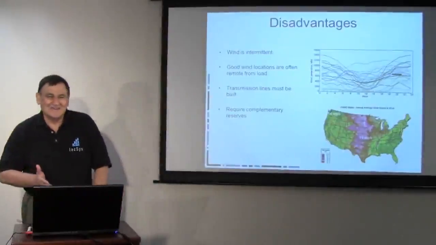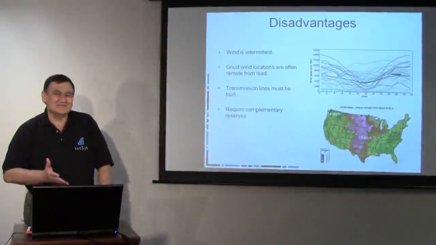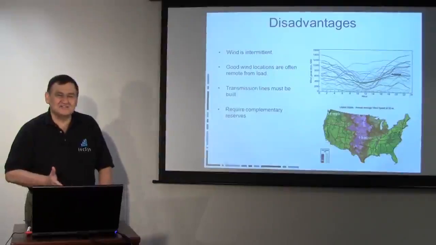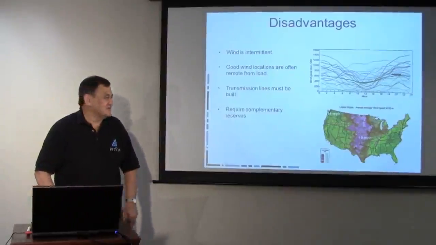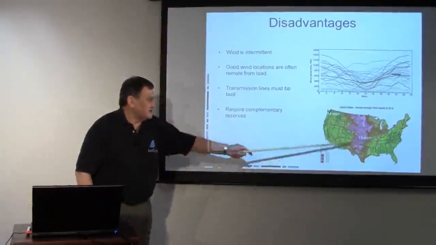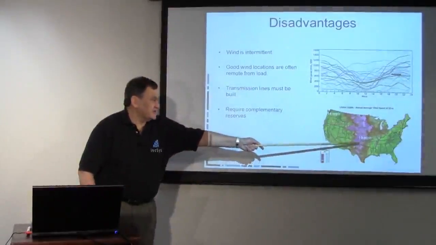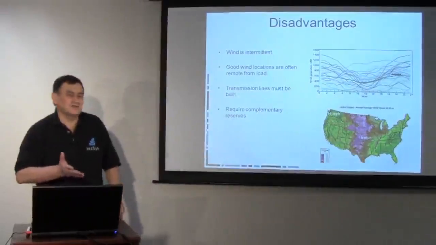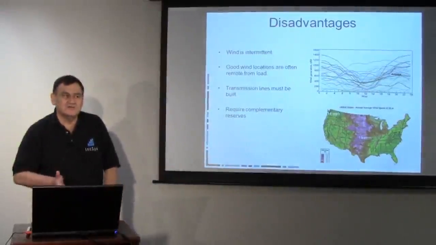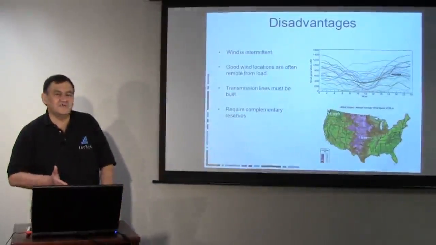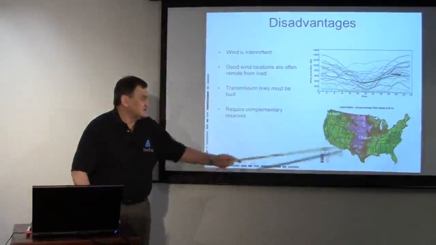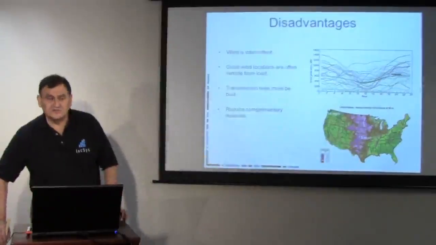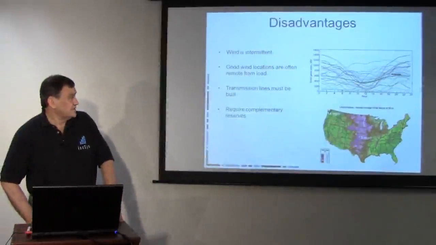So we have a catch-22, and so basically the wind is requiring longer distance transmission lines to be built, and we're seeing some very innovative schemes in Texas where the wind is in the northern panhandle, and they have what's called CREZ, competitive renewable energy zones, where they're encouraging private enterprise to build the transmission lines to bring that energy into the major load centers in the Houston and Dallas areas.